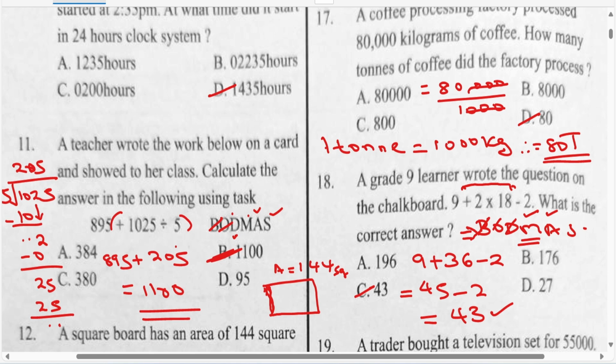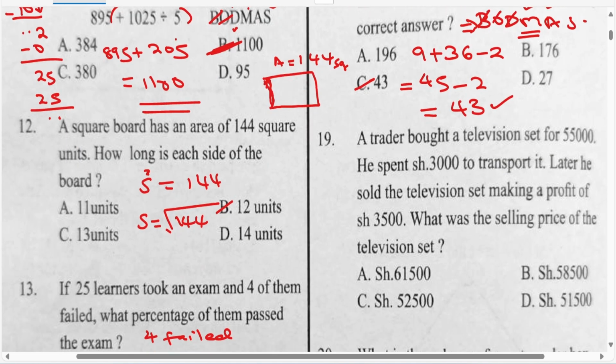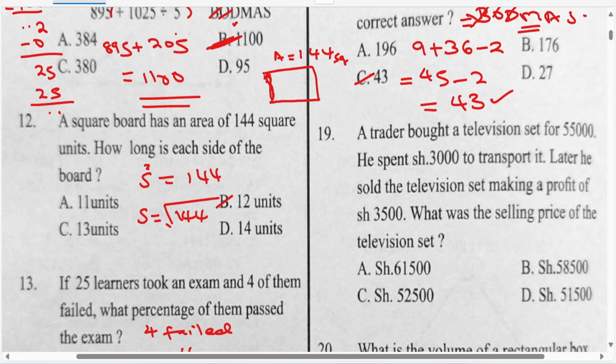So, tuendelee. Question 19. A trader bought a television set for 55,000. He spent 3,000 to transport it. Also, later he sold the television set, making a profit of 3,500 shillings. What was the selling price of the TV set? Now, when you're selling something and you're making a profit, you don't only count the buying price for the TV set only. You have to include the cost that you incurred to buy that TV. So, yani, your TV cost 55,000.